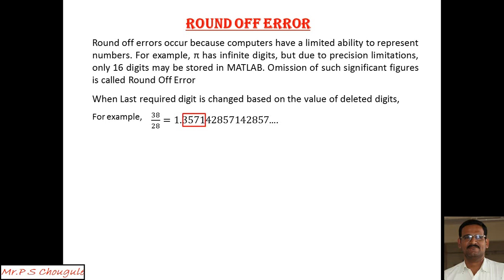Then we need to look at the 5th digit. If it is equal to or greater than 5, then we increase the value of the 4th digit by 1. And if it is less than 5, then we keep the 4th digit as it is.